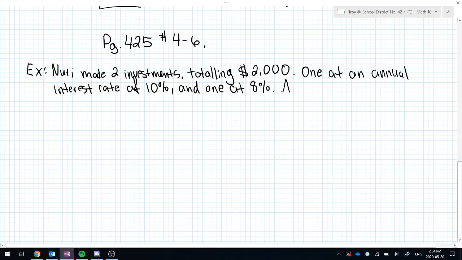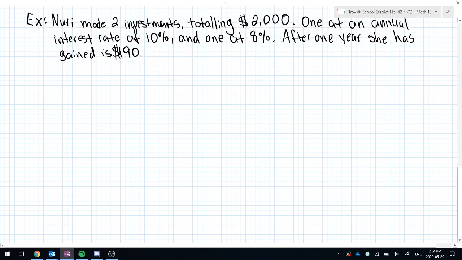So after 1 year, the interest she earned is $190. And the question is, how much was invested at each rate?